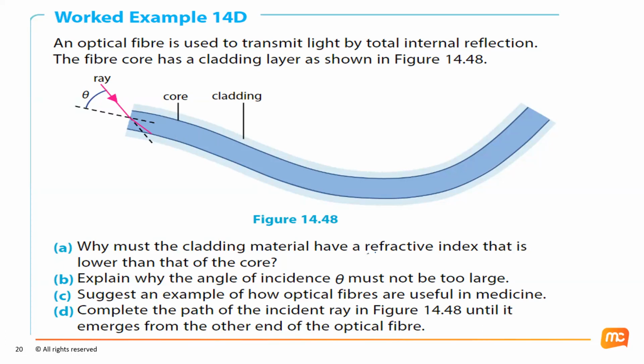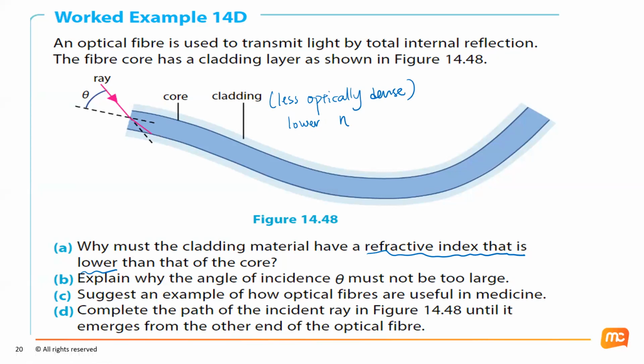If I have a lower refractive index, that means this one is less optically dense. I am asking you why this cladding must have a lower refractive index.